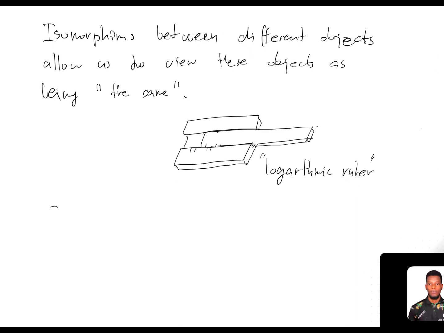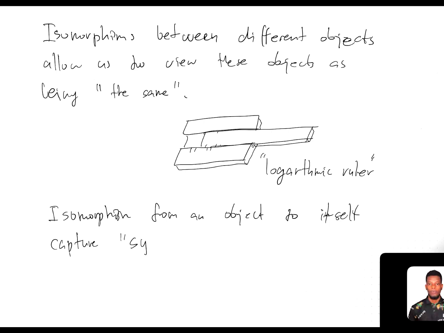Now, isomorphisms from an object to itself capture symmetry of the underlying structure of that object.